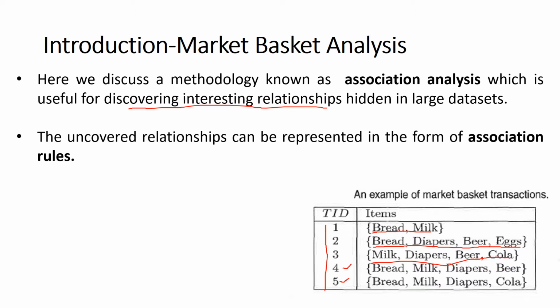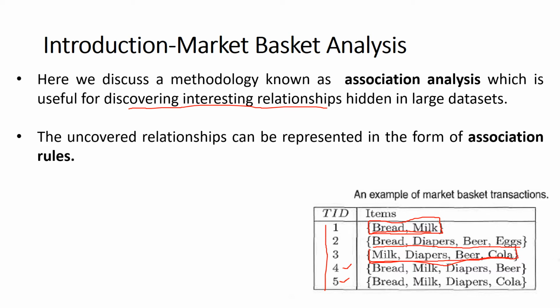In association analysis, what we are trying to understand is whether the items that are bought in a transaction have any association among themselves, or are they bought together by chance? For example, let us look at the third transaction. In this transaction, milk, diapers, beer and cola are bought together.